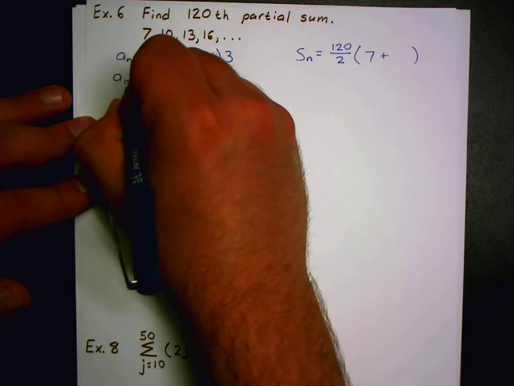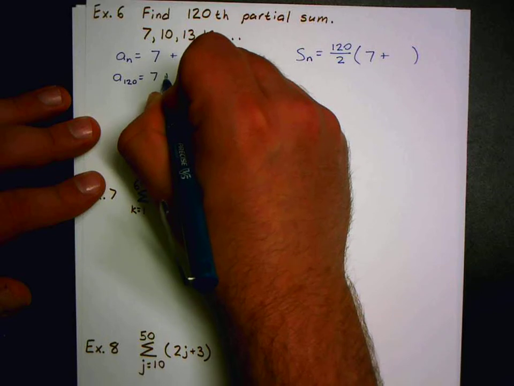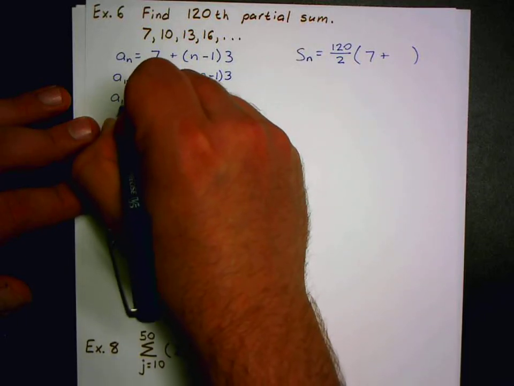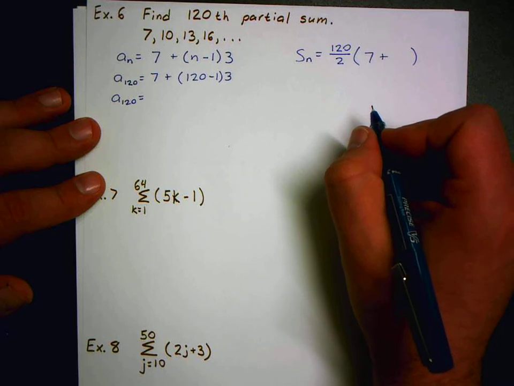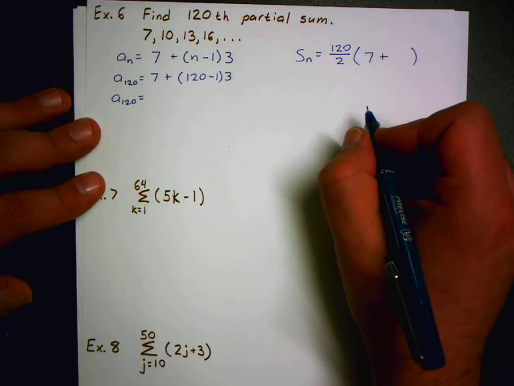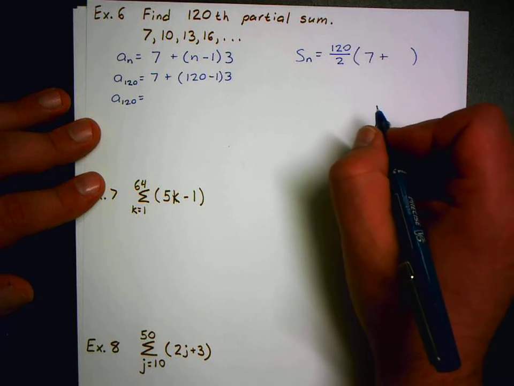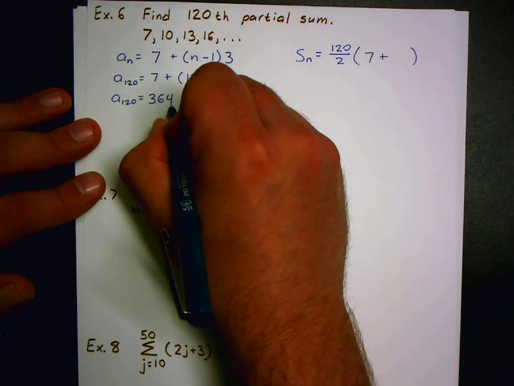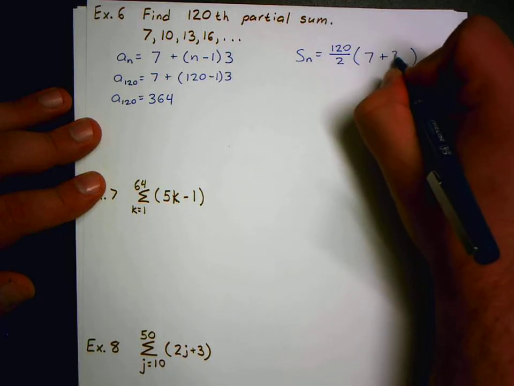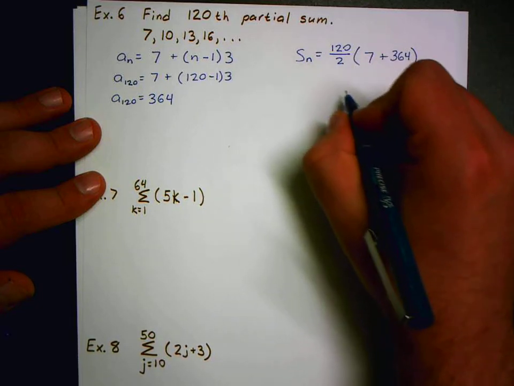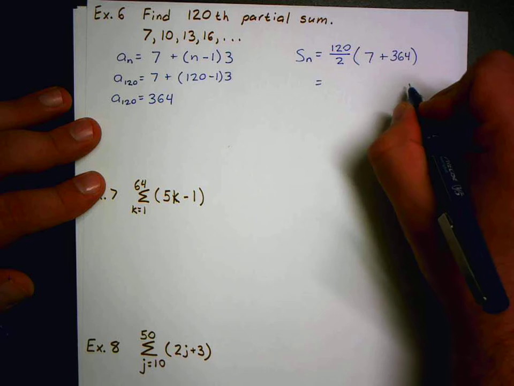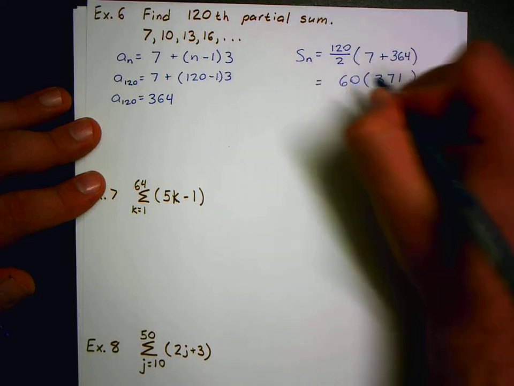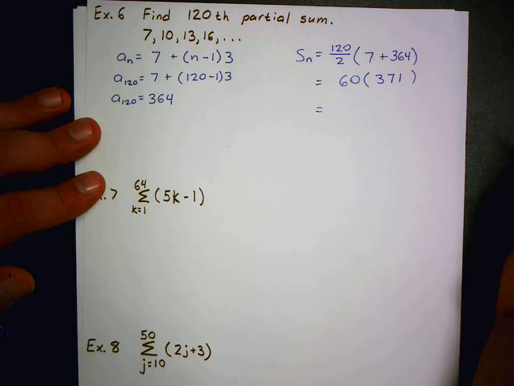Then I can find the 120th term by plugging in 120. So 119 times 3 plus 7. I don't have a calculator. 364. So then this is 371 times 60.